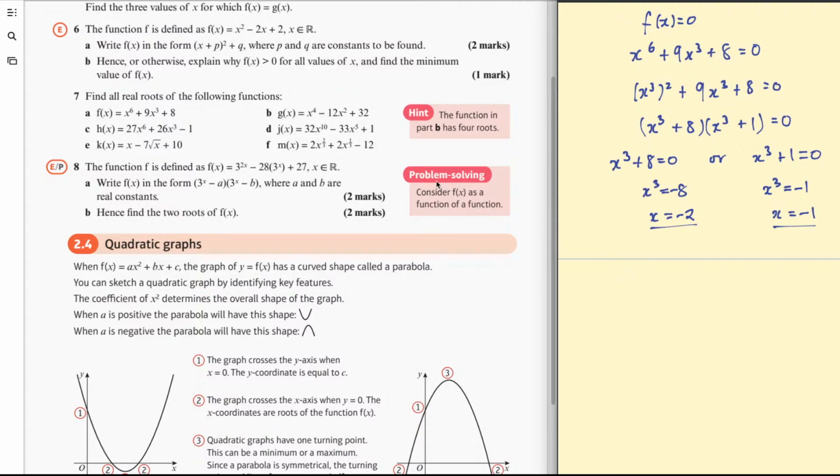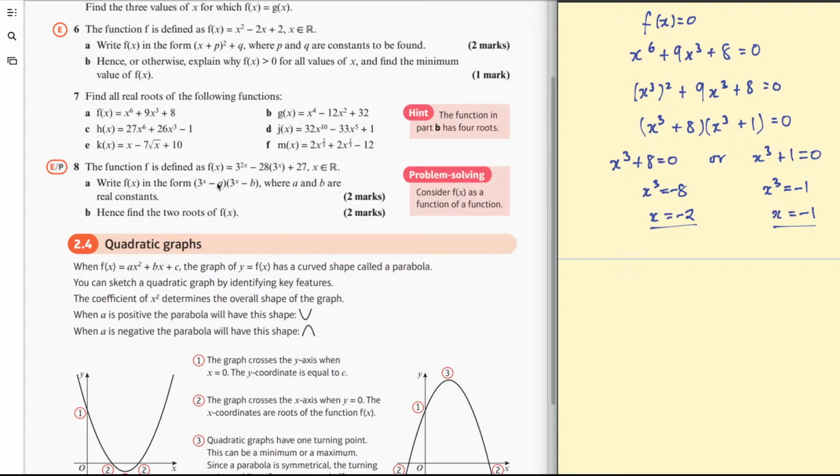And here it says consider f of x as a function of a function. I might leave that one for you. See if you can figure out how to solve that.